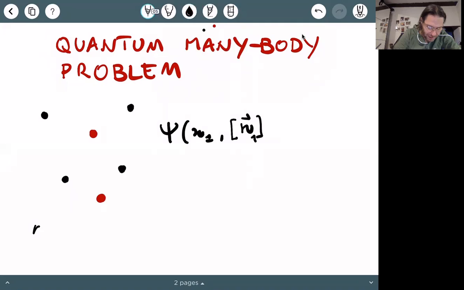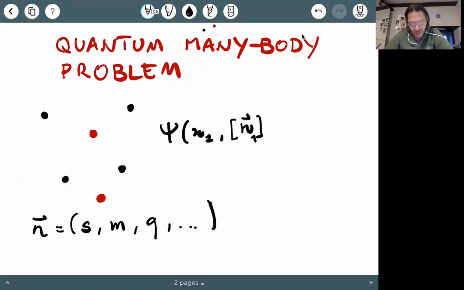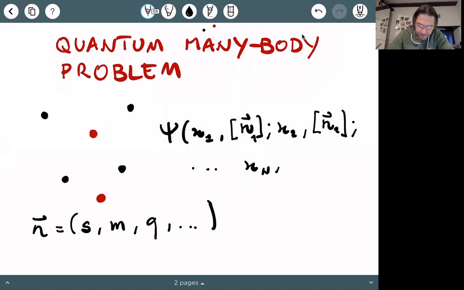And the vector n might contain, I don't know, the spin, the mass, the charge, and possibly other quantum numbers, maybe the principal quantum number, the orbital momentum quantum numbers, whatever specifies the state of the particle. But also I have the same for the second particle, and so on, until you have the nth particle.